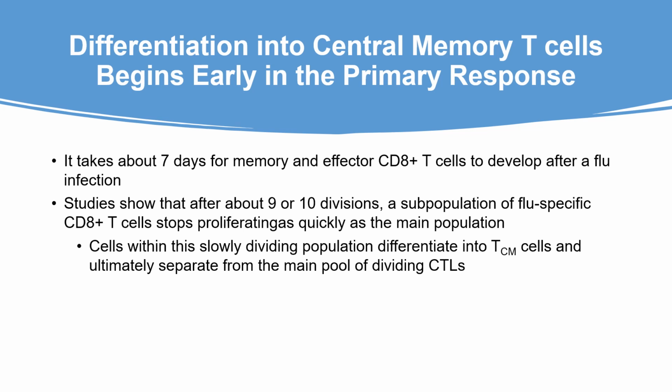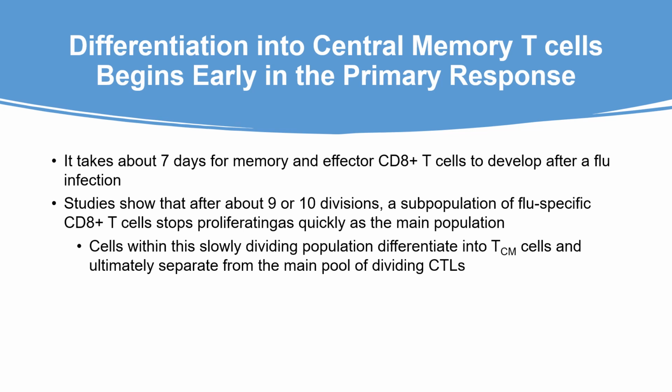Studies show that during this process, after about 9 or 10 divisions, a subpopulation of flu-specific CD8 positive T cells stops proliferating as quickly as the main population. So they slow down their rate of mitosis a little bit. And cells within this more slowly dividing population seem to be the ones that become central memory T cells.